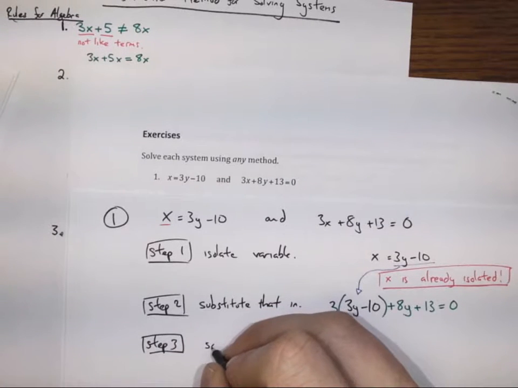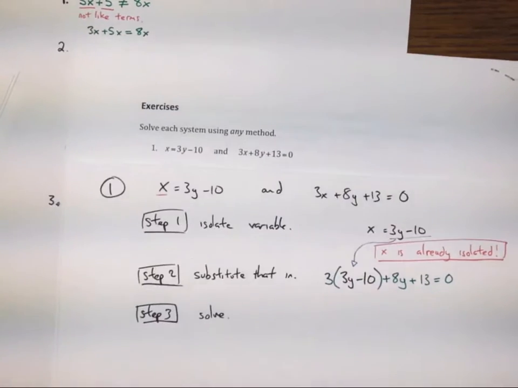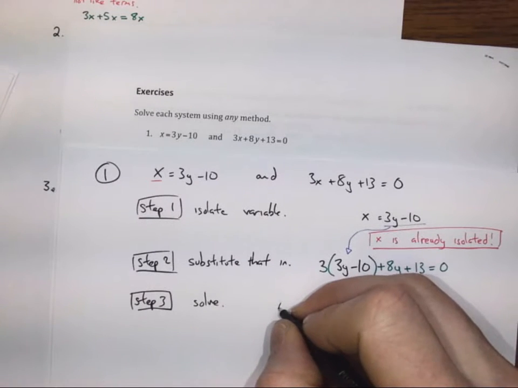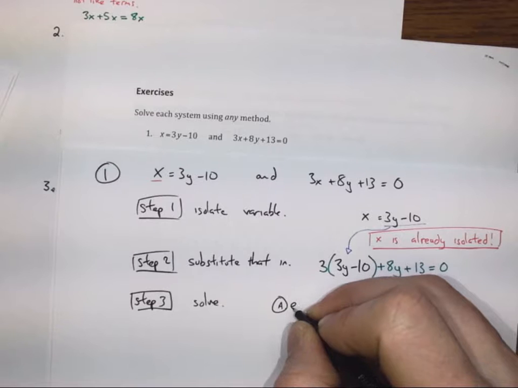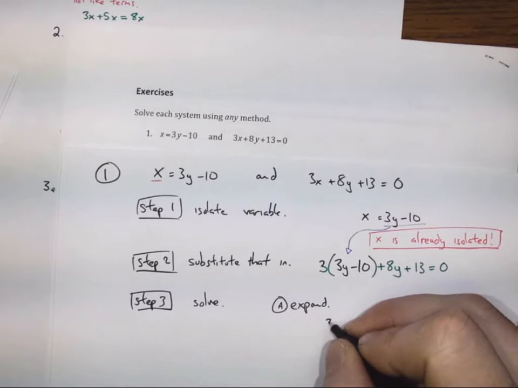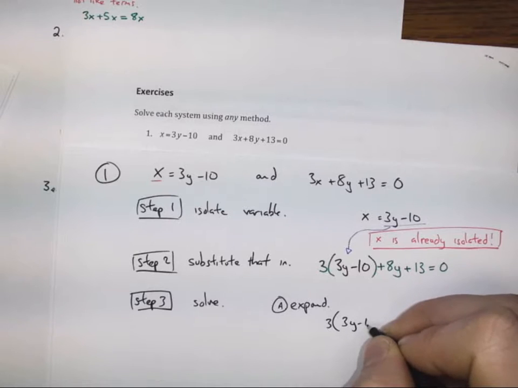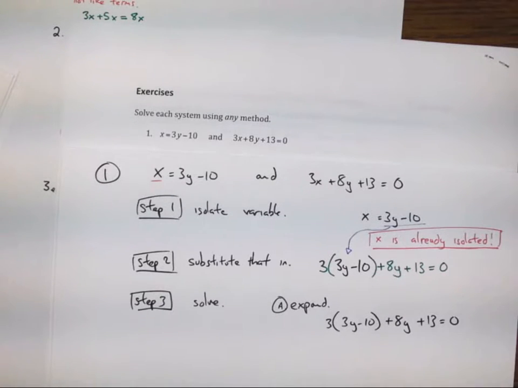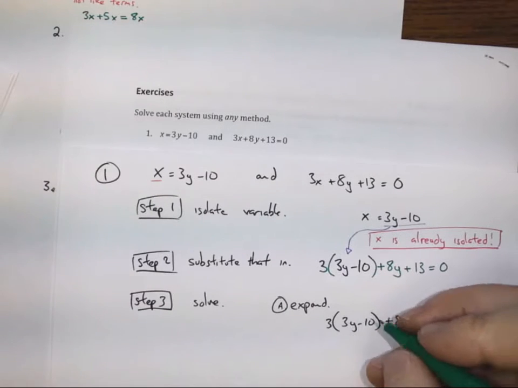All right. So step 3 is we're going to solve. So we're going to isolate y. So the first thing we end up doing, like maybe we can think of it as step A, was we're going to expand. So I'm actually going to rewrite this whole expression. 3 times 3y minus 10 plus 8y plus 13 equals 0. And I'm going to multiply this 3 back in.